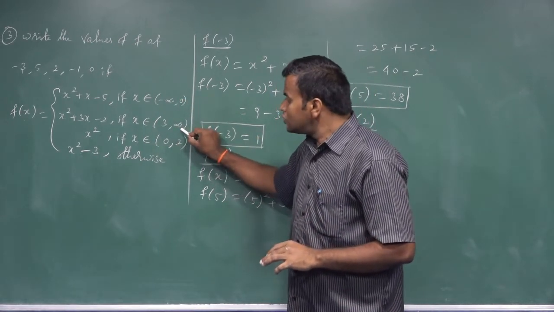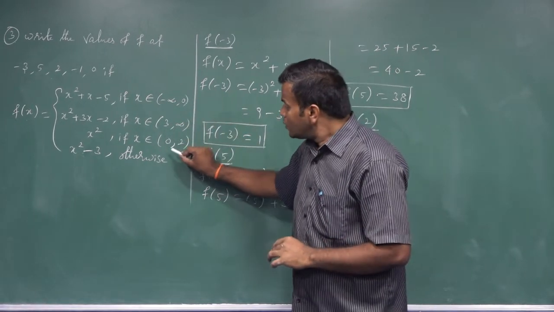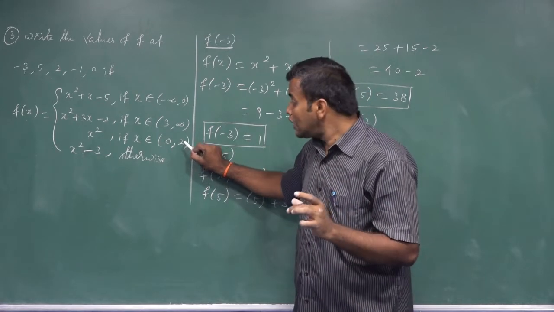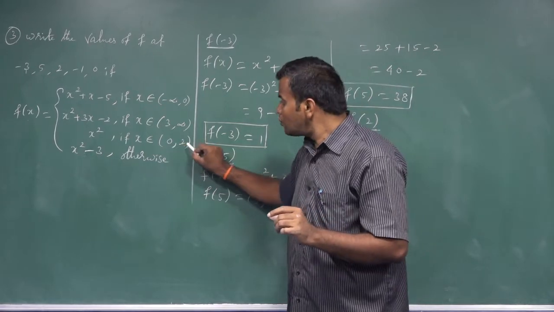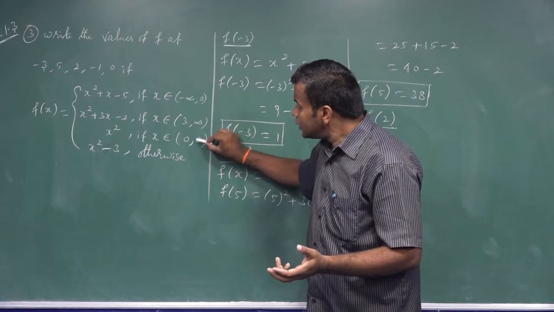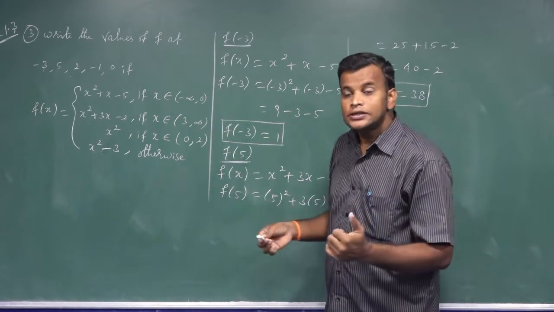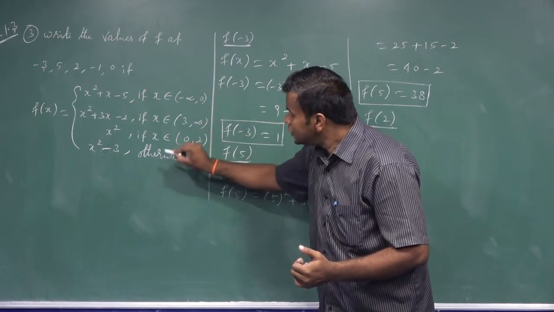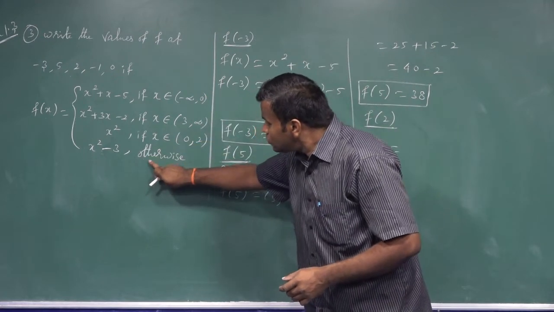In this interval also 2 is impossible because the starting value is 3 point something. In this interval, 0, 2, 2 is there, but we already said that in an open interval the end point does not lie in the interval. So in all these three intervals, the number 2 is not included. So 2 lies in the otherwise case. Except all these intervals, 2 lies in this one.